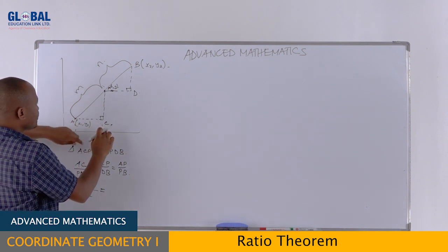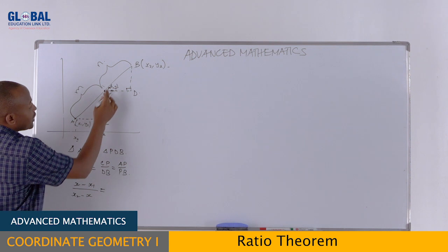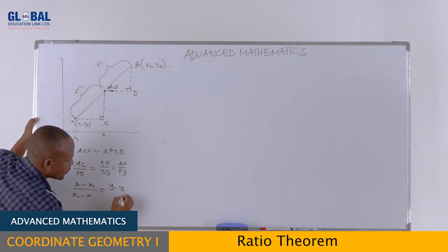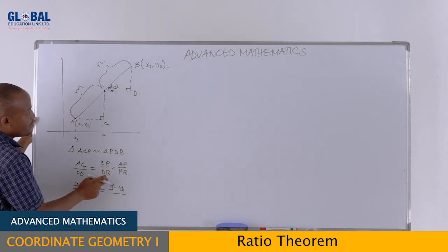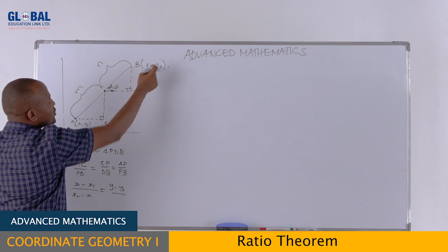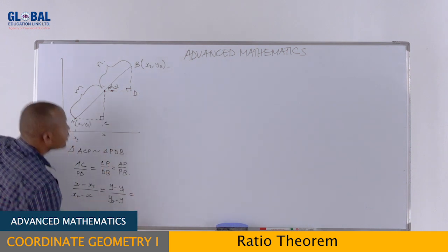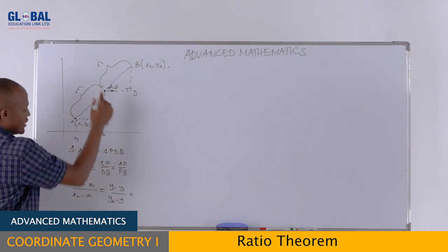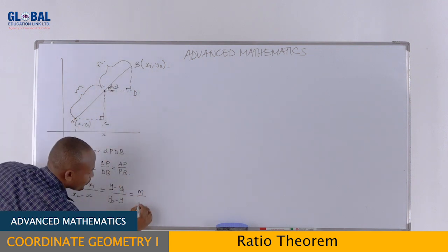And what is CP? It is y minus y1 over DB, so it is y2 minus y, equals AP, which is m over n.